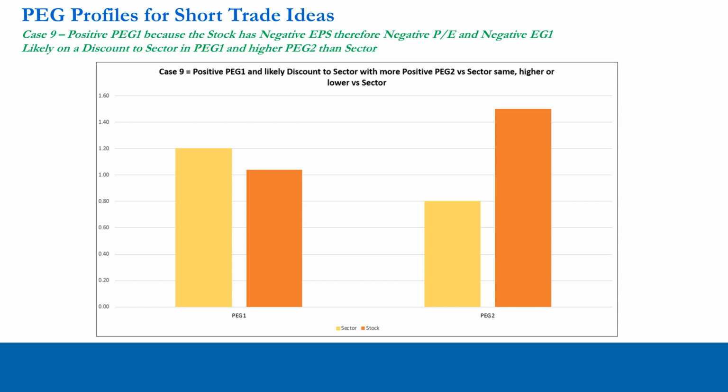But the negative earnings growth number in period 2 for the stock is not as big in magnitude as the negative earnings growth number in period 1. Therefore, when we do the division of the negative PE and a smaller negative earnings growth number for the second period, we end up with a very high positive PEG 2 number.